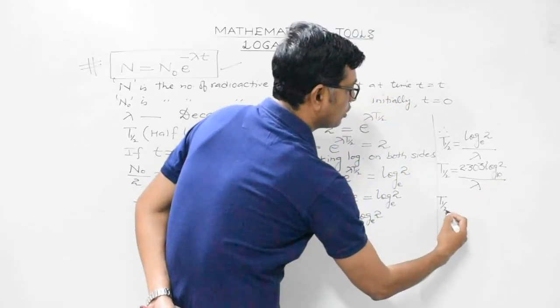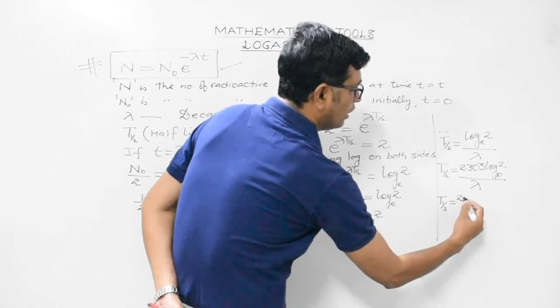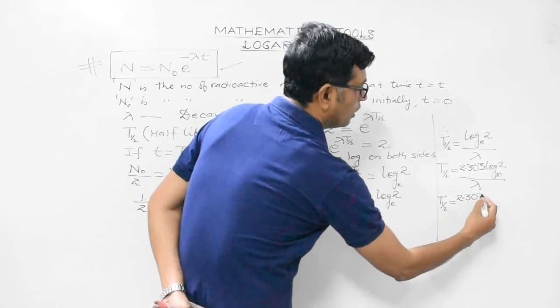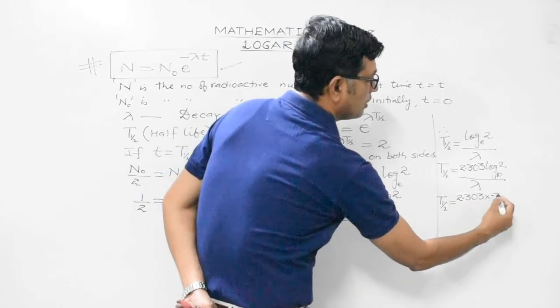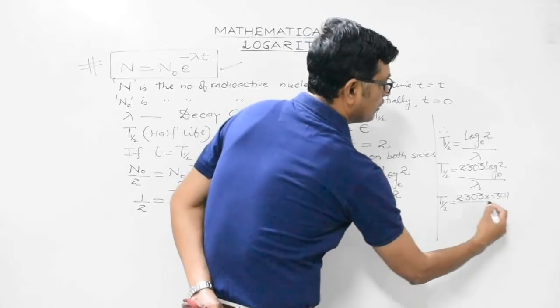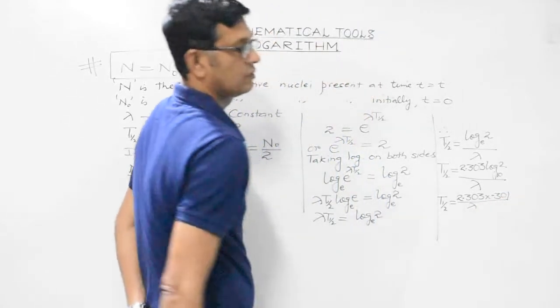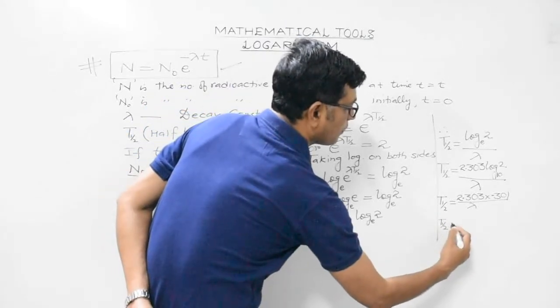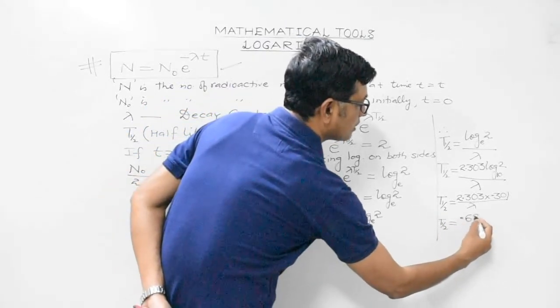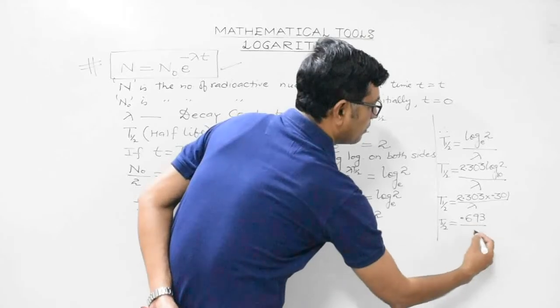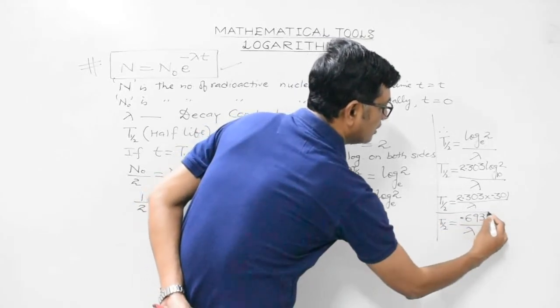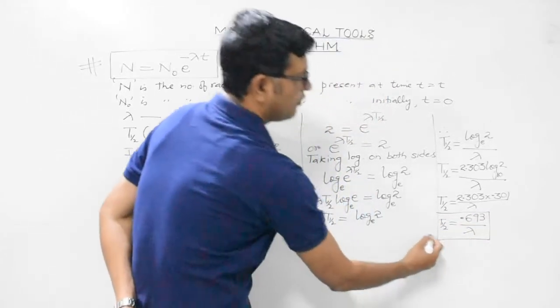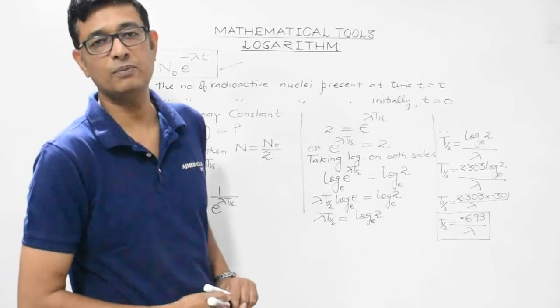Now we can substitute the value. We are all aware of the value of common log of 2. It is 0.301 divided by lambda. Clear, students? On solving, we get 0.693 divided by lambda. So this is the expression for the half-life of a radioactive sample.